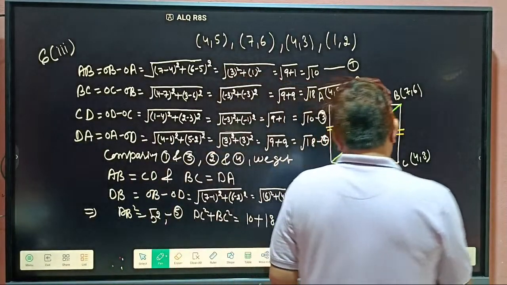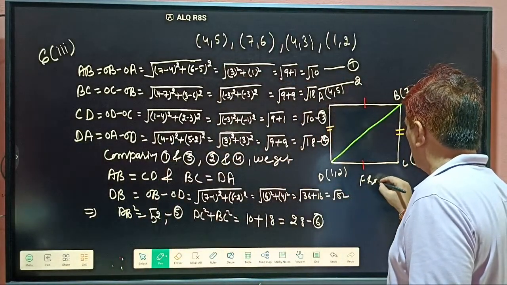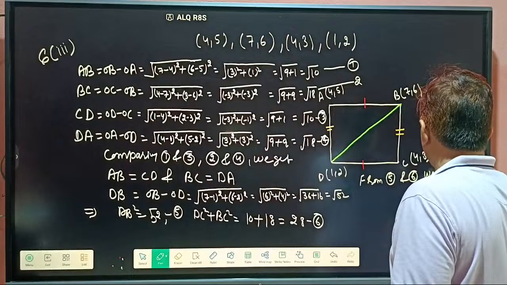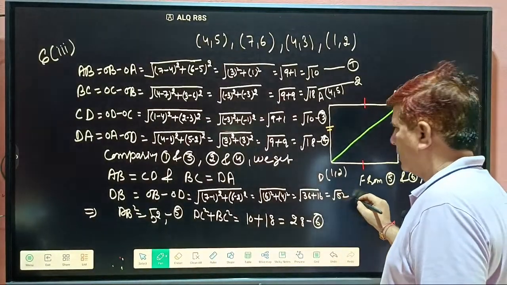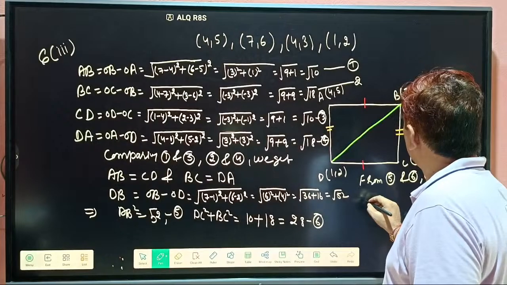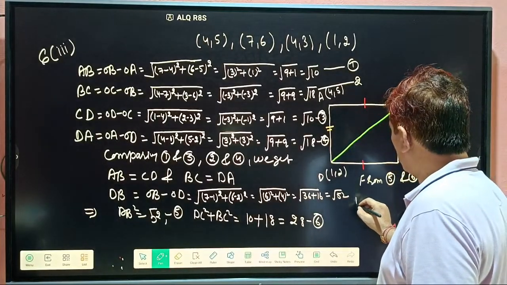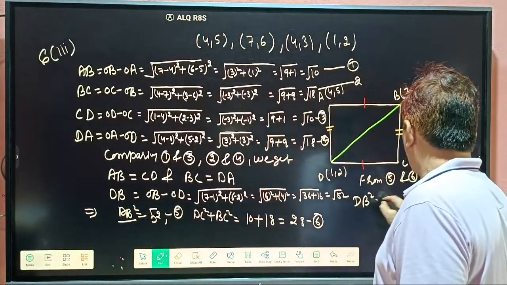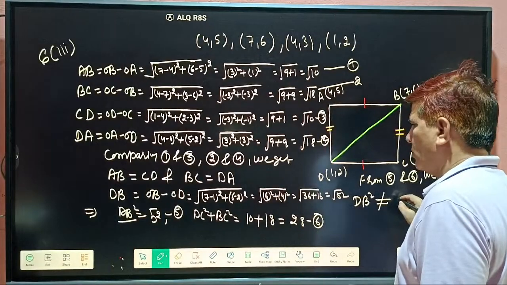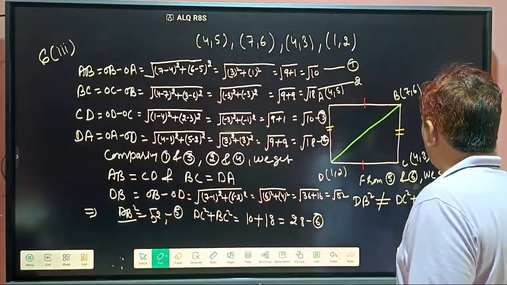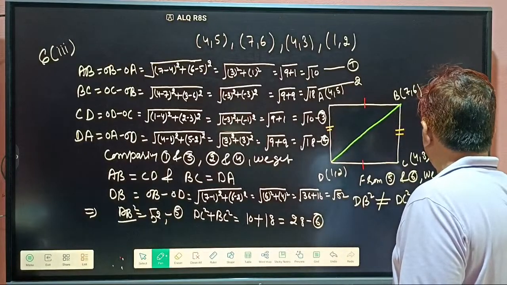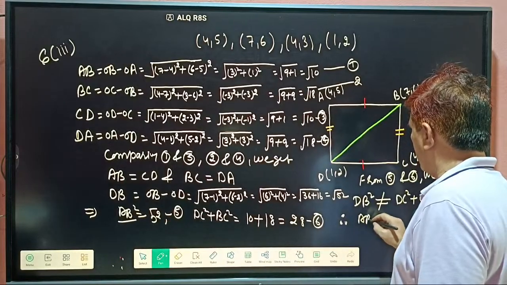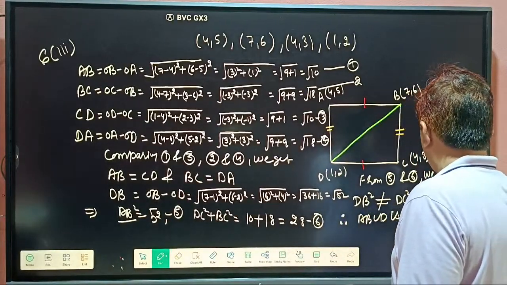And then we can write here, from fifth and sixth, we get DB square, which is given here, is not equal to DC square plus CB square. Therefore ABCD is a parallelogram.